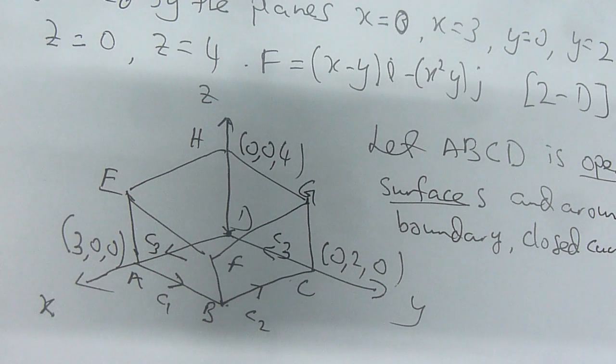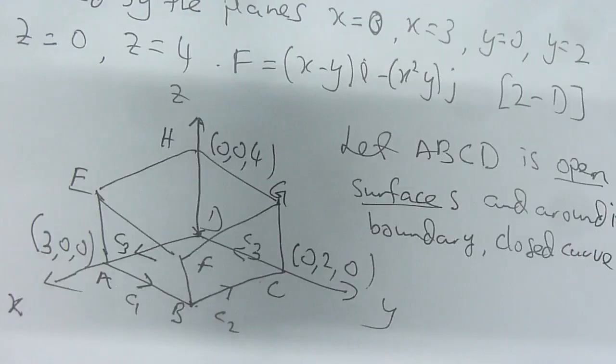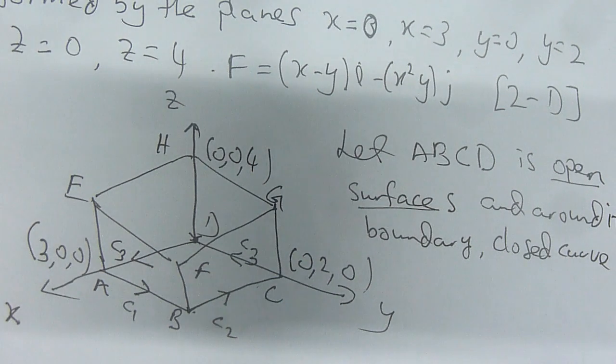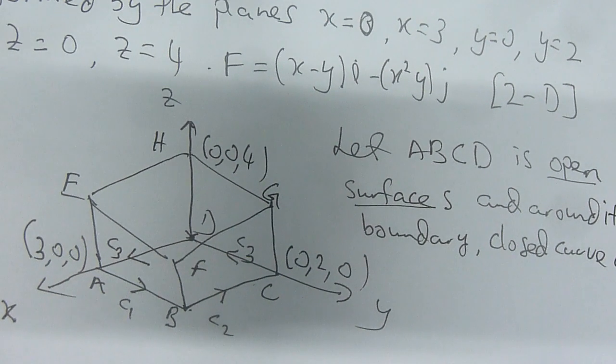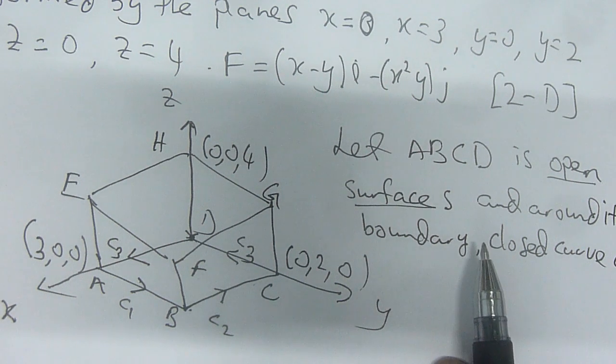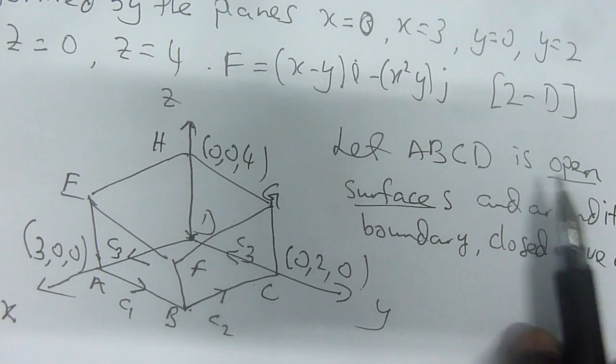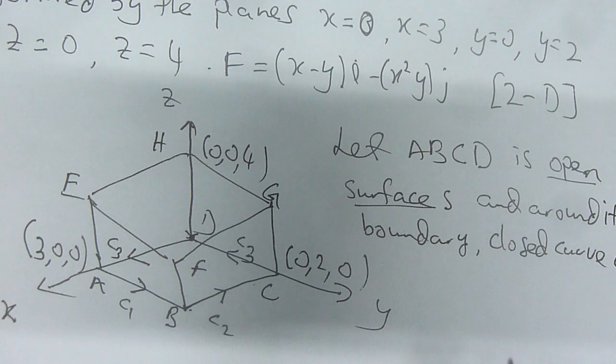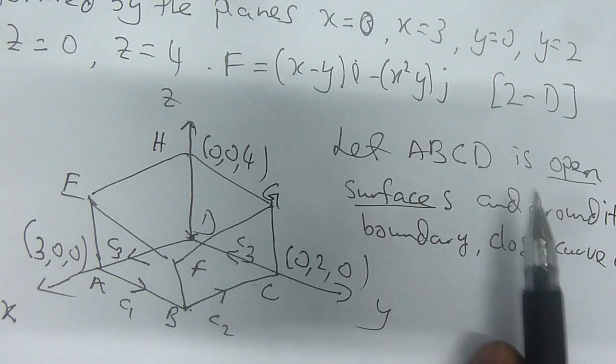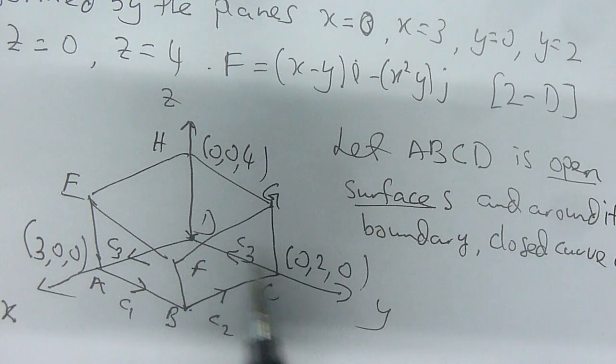Why I call it virtual? Remember, unlike for the divergence theorem, in the Stokes theorem you will have this indefinitely. If you face this kind of scenario, it is automatically understood that you must use Stokes theorem, but not divergence.